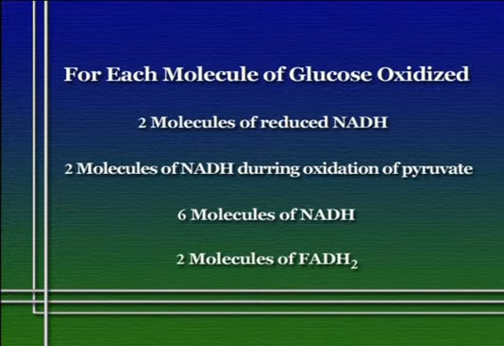Now, if we just figure out what the bottom line is here, and we don't worry about the differences between NAD and FAD for the moment, what this means is that a total of 12 of these electron carrier molecules have been reduced by capturing electrons from the oxidation of carbons originally found in glucose. And these stored electrons represent, it turns out, a very large amount of energy.